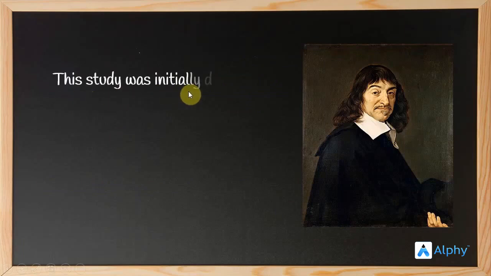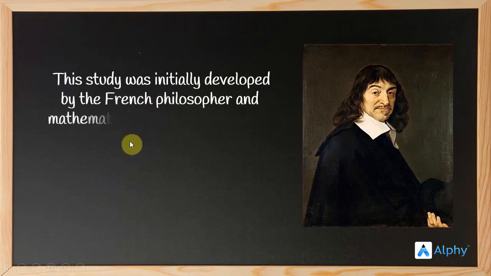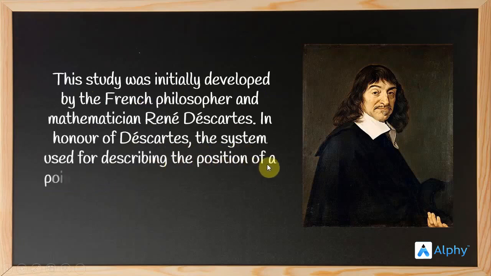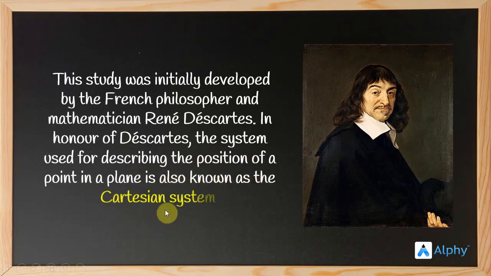This study was initially developed by the French philosopher and mathematician René Descartes. In his honor, the system used for describing the position of a point in a plane is also known as the Cartesian system.